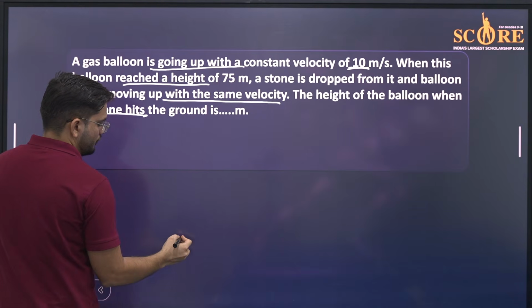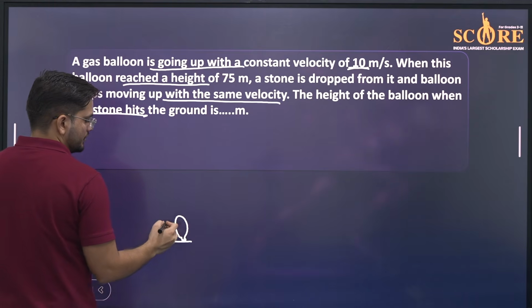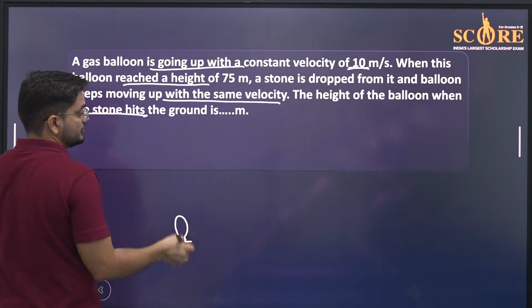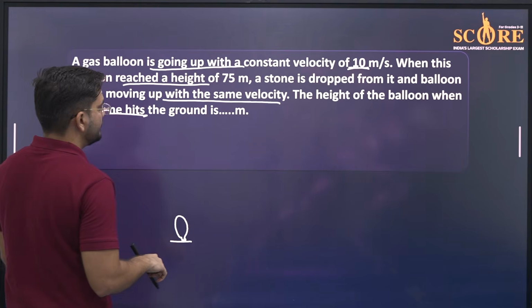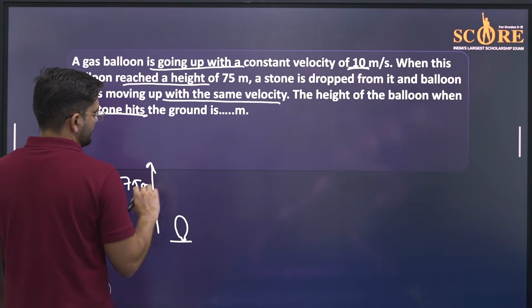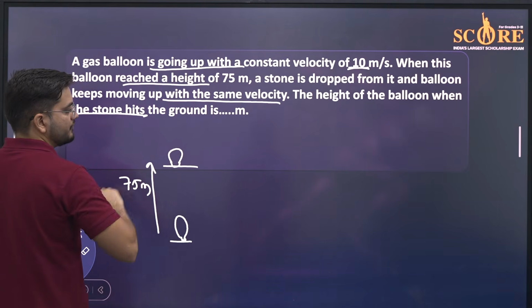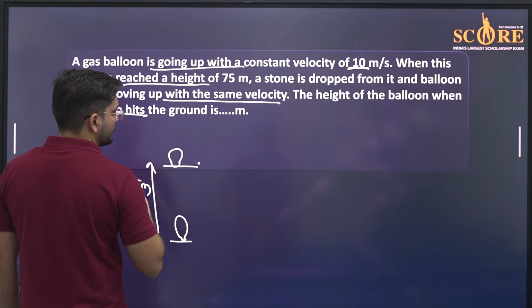So the problem is like this. The balloon is moving with constant velocity 10 meter per second at the height of 75 meter. A stone is dropped from the balloon at the same level.